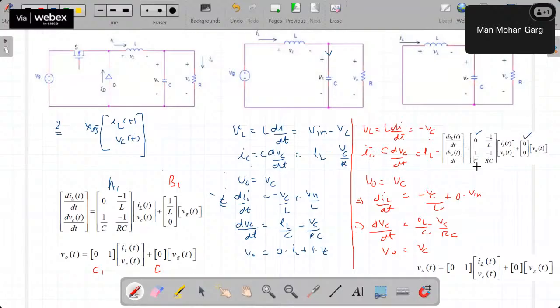Now the remaining part remains the same. Similarly, V naught is equal to 0, 1 times IL, Vc, same because these equations are the same, so the lower part remains the same. Now from here, I got A2, I got B2, I got C2, and I got E2. So these things I needed as A1, A2, B1, B2, C1, C2.